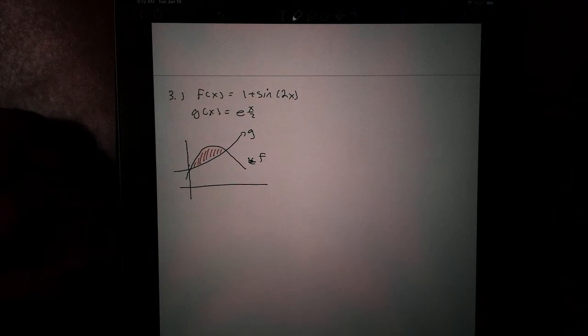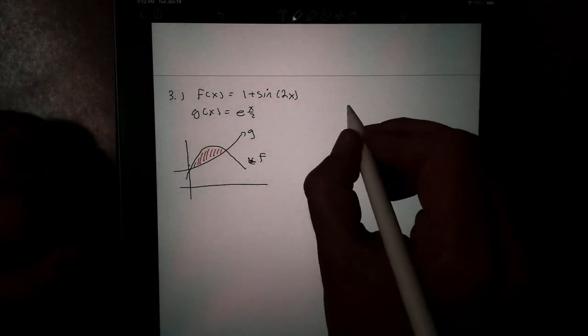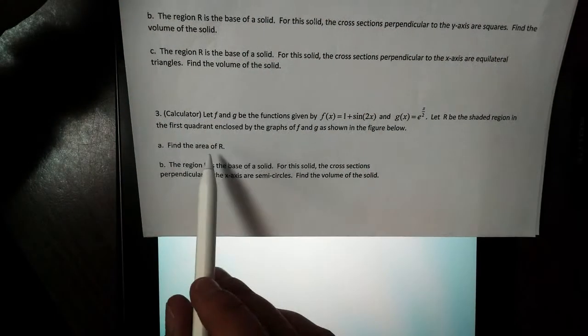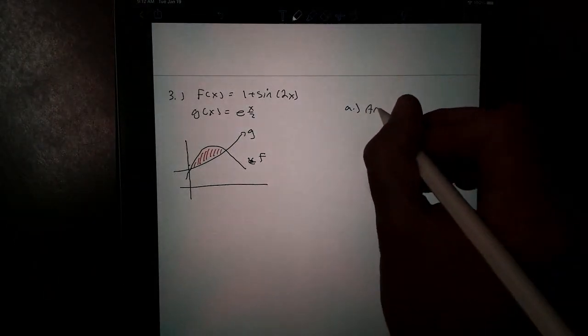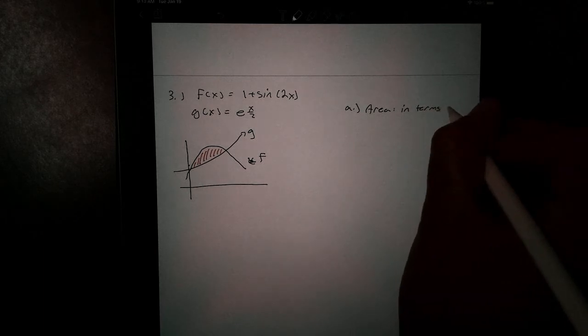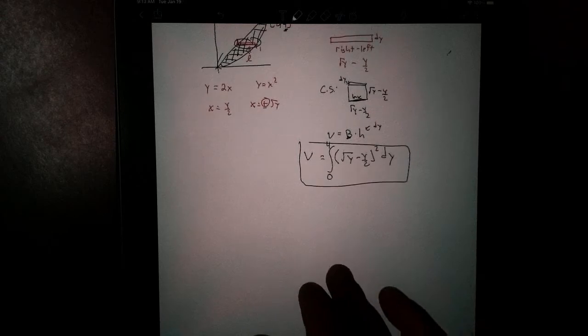There we go, so I shaded it. Let's take a look at part A. It says, find the area of R. So we're looking at the area. Again, we are in terms of x, which is nice because we don't have to switch any of our variables around. Remember what we had to do up here? We had to switch our variables around.